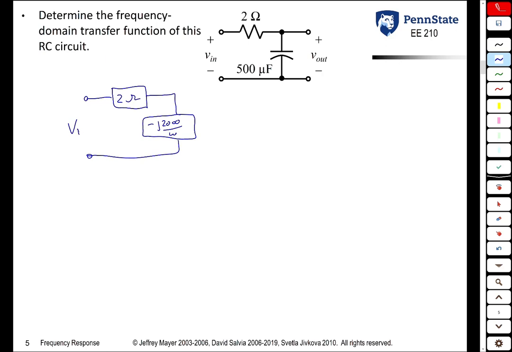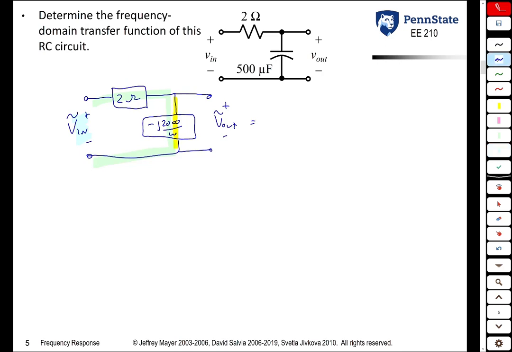The input we'll call V in phasor. And what we're measuring, this output voltage, we will call V out phasor. From voltage division, we know the V out phasor is what? It's going to be this impedance over this impedance plus this impedance times this voltage.